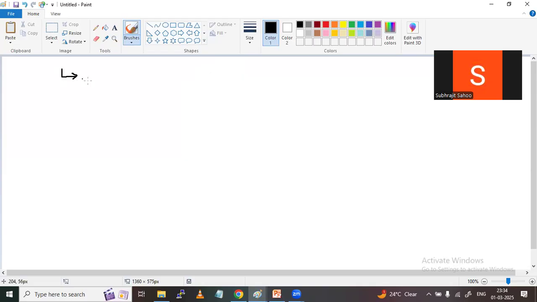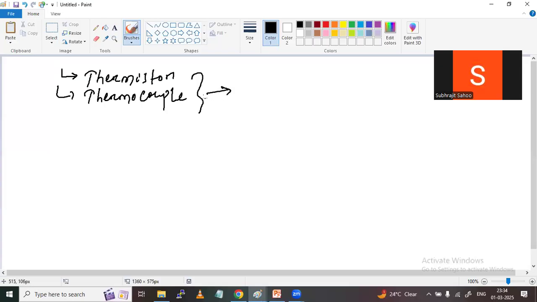One is the thermistor, and the second one is the thermocouple. These two electrical type temperature measuring instruments we are going to discuss. Today I will tell about the thermistor.